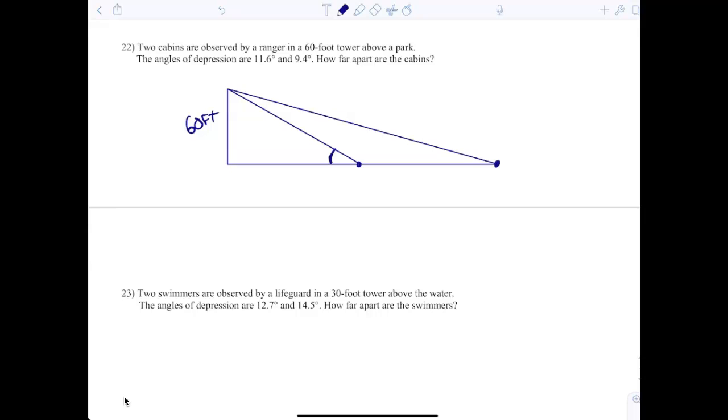The further away, the smaller the angle. That's where a lot of kids get confused. So hopefully that makes sense. 11.6, 9.4, and this right here, does everybody agree that's what we're looking for right there? Everybody happy with this information?